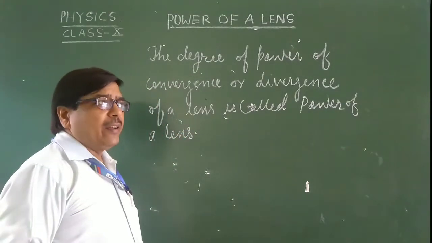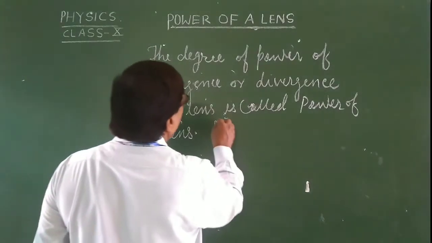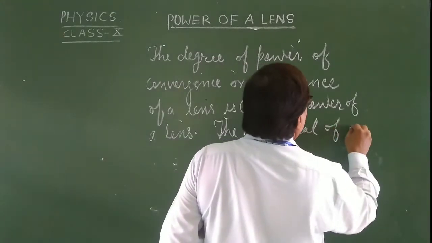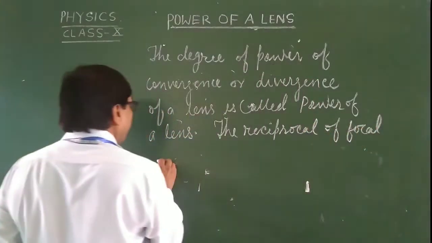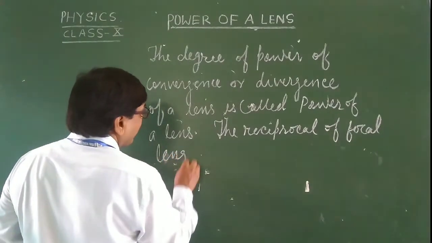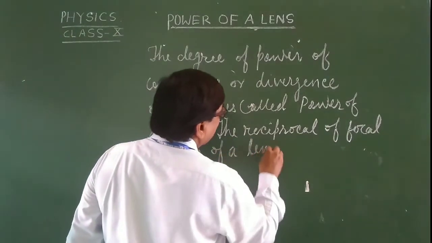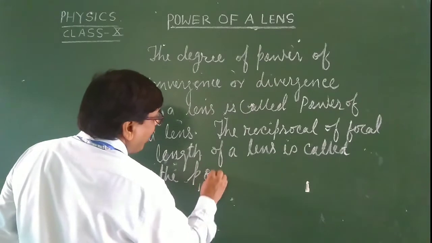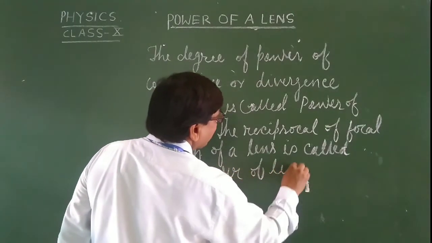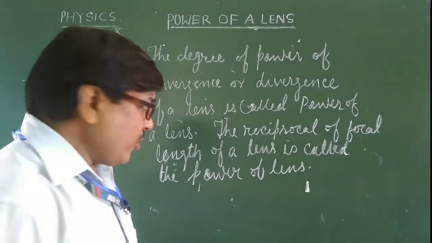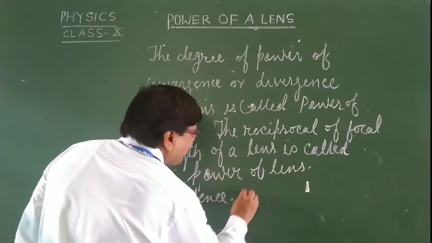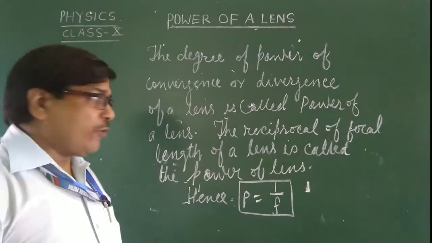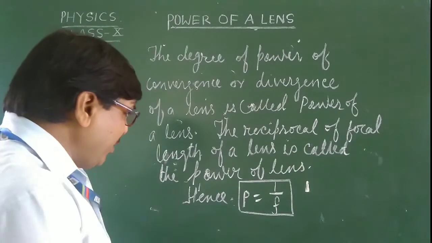It can also be defined by using the formula: the reciprocal of focal length of a lens is called the power of lens. Hence P is equal to 1 upon F.